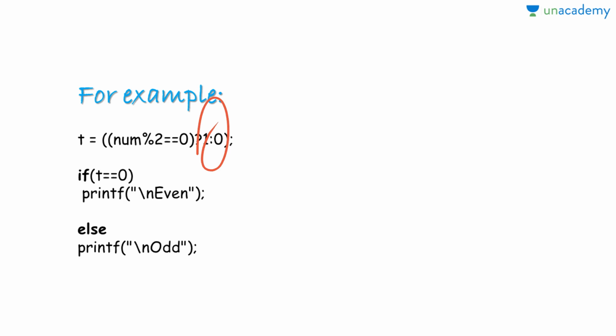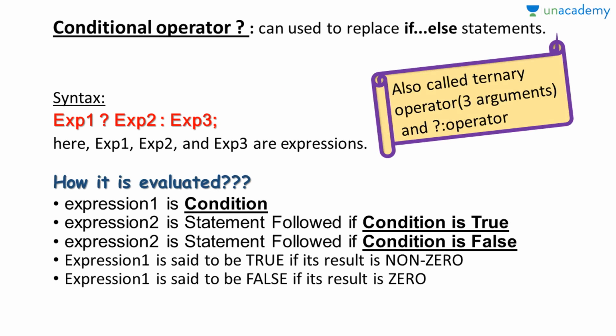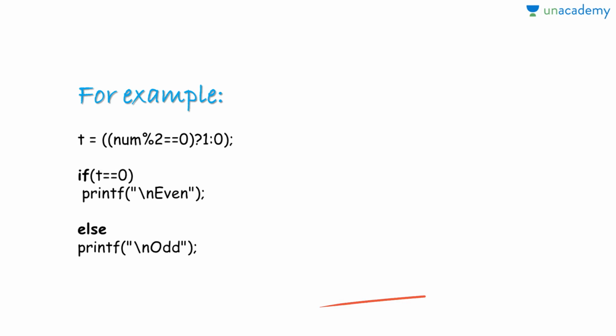But if this condition is false, then the value we will be getting is 0, because we saw here if it is false, the result is 0. So if t is equal to 0, printf even. If this is true, the value will be 1. If this is false, the value will be 0. So if t is 0, we print it as even, else print it as odd.